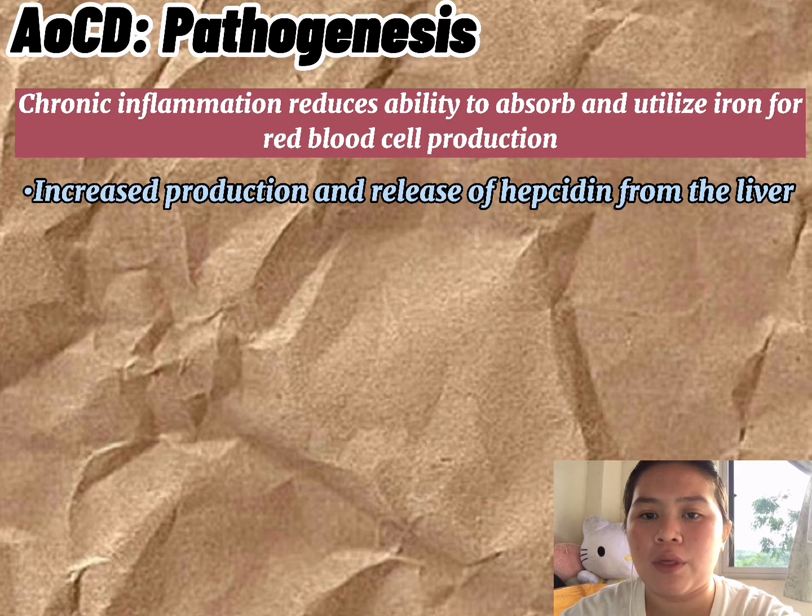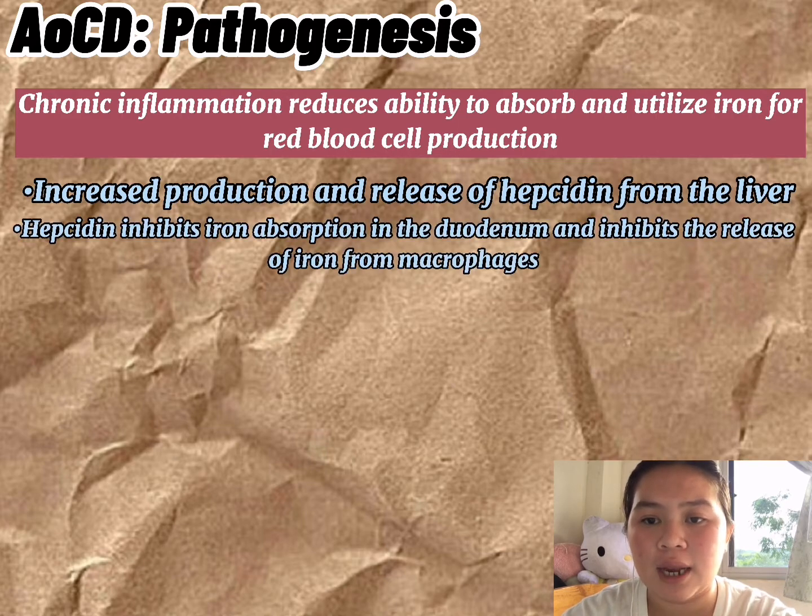Hepcidin is a hormone produced in the liver that is responsible for regulating iron absorption and utilization. More specifically, hepcidin inhibits iron absorption in the duodenum, the first part of the small intestine, and it inhibits the release of iron from macrophages, which are white blood cells.